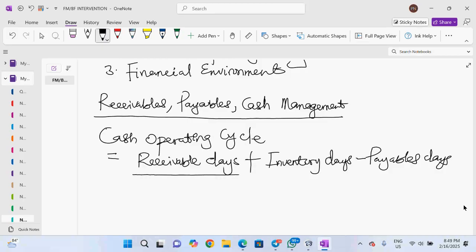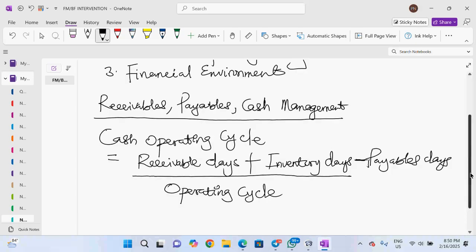So these two, receivable days and inventory days, are known as the operating cycle. If they ask you to compute the operating cycle, it is just the receivable days and the inventory days. That is what you are operating on. But if they ask you to compute the cash operating cycle, that is receivable days plus inventory days less payables days, right?